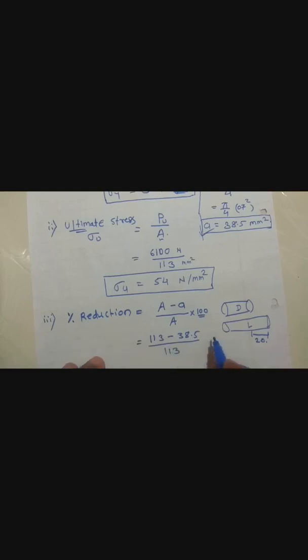Now we will put both the quantities 113 and 38.5 in this formula. 113 minus 38.5 divided by 113 mm square multiplied by 100. Put this bracket in your calculator and solve.